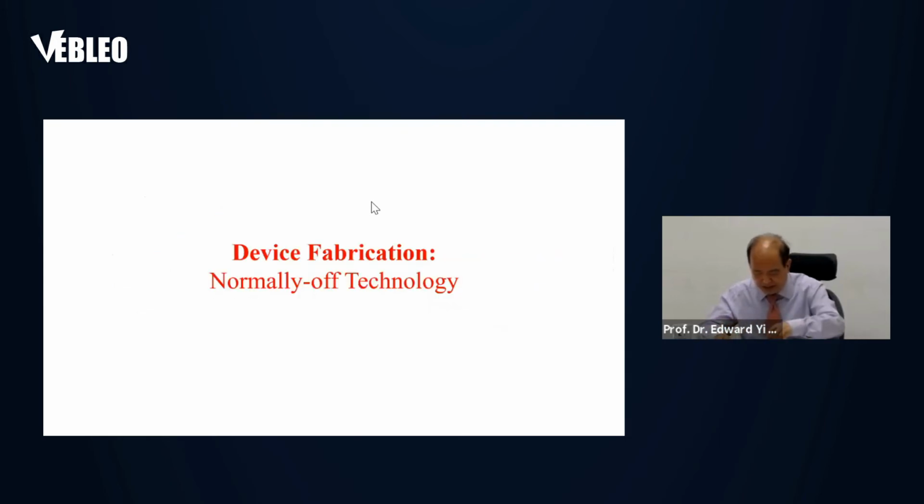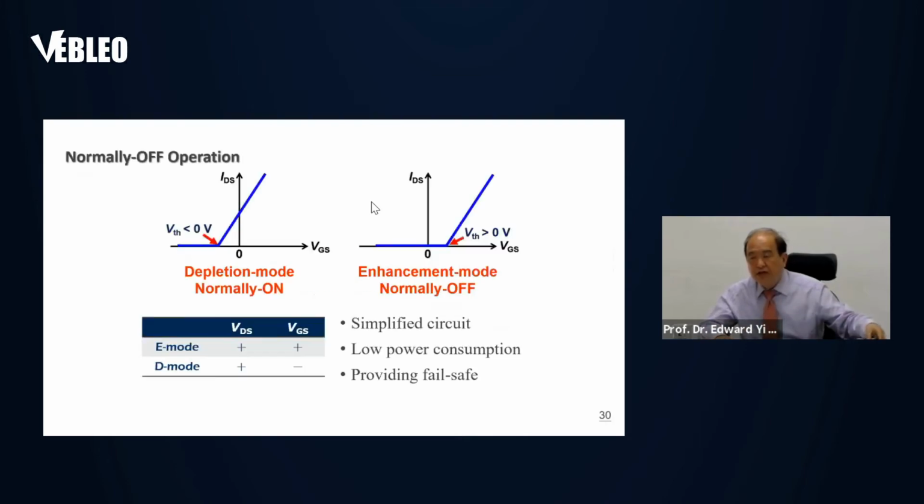Okay, and then for the device technology, we can see that this is what we want. We usually need normally off, because with normally off, you don't need an inverter to change it, and that's a simple circuit. And then the power consumption is much lower because when idle, there's no current.